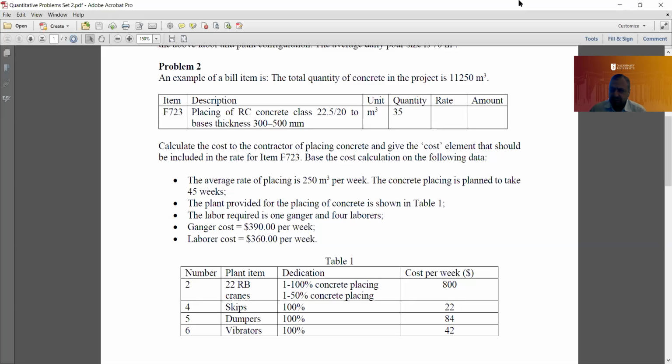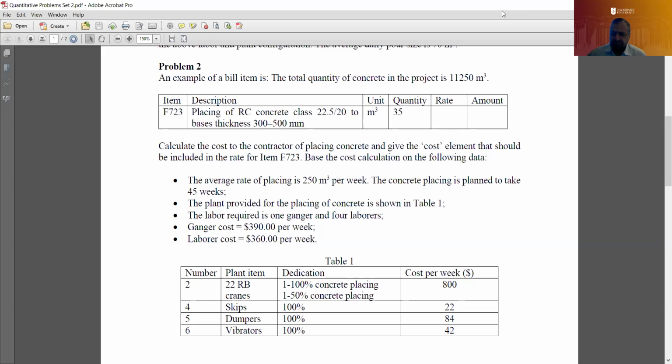What you have to do is calculate the total quantities and divide by the number of units, and then find the per unit cost for concreting.